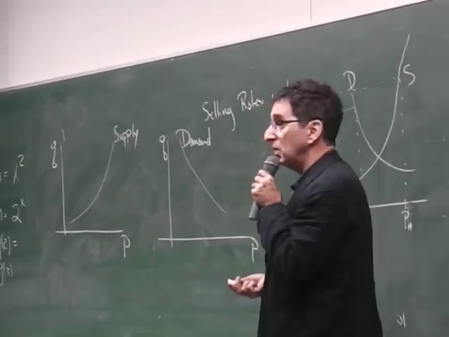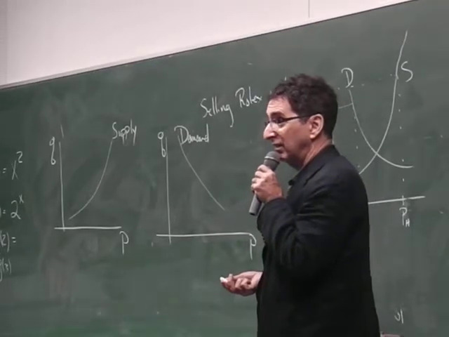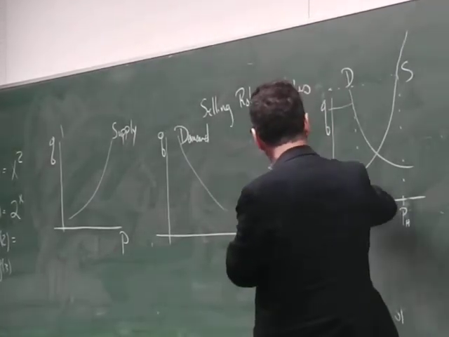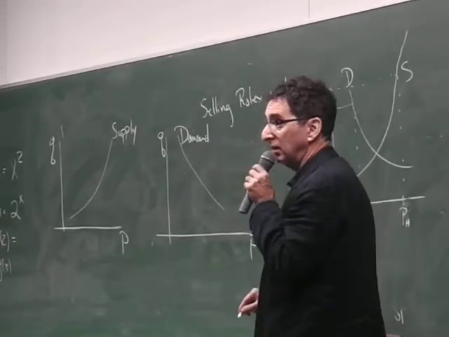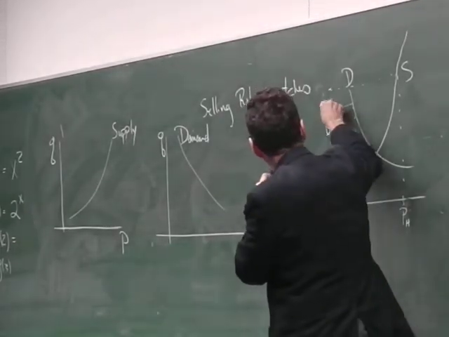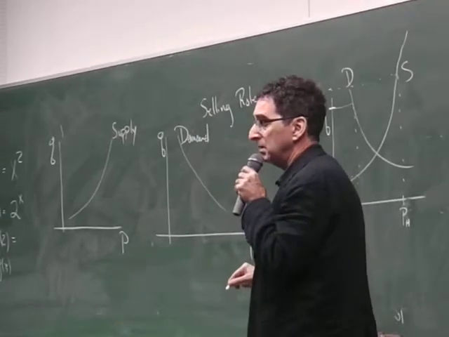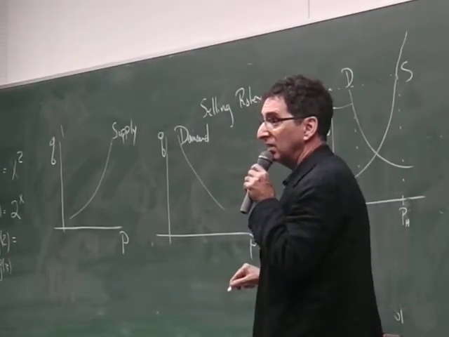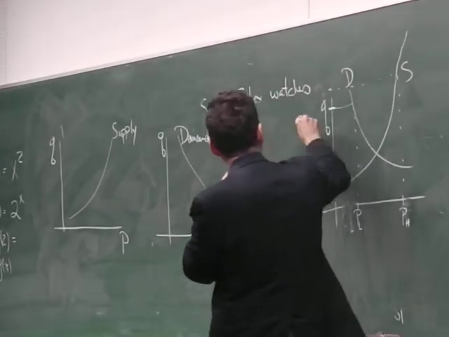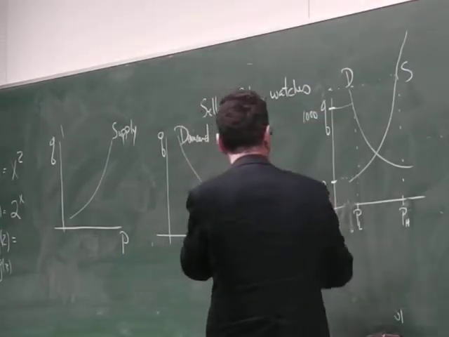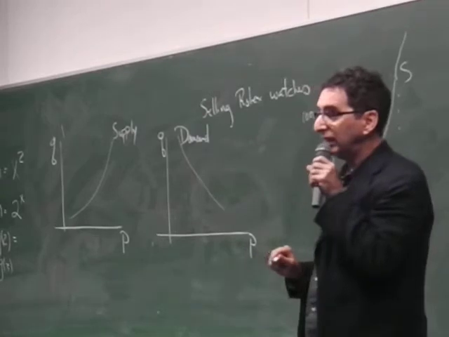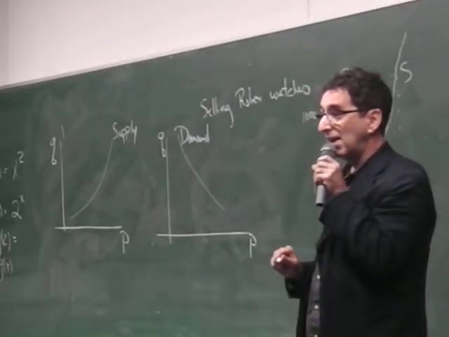And how much of a shortage is there? Well, here's the amount that's available, and here's the amount that's being demanded. So it's the difference between these. Suppose this is 1,000 being demanded, and this is 100. Then there's a shortage of what? 900, right?